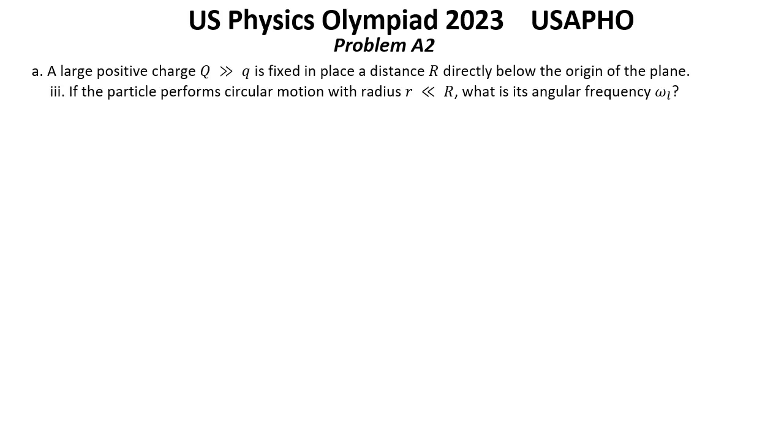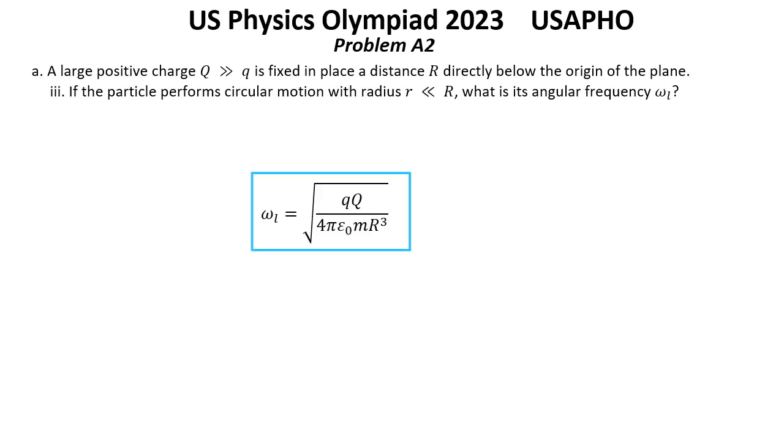For a radially symmetric parabolic potential, circular orbit can be thought of as a simultaneous harmonic oscillation in the x direction and the y direction. Both oscillations have the same angular frequency omega L as derived in part 1, so the answer is the same. That was the solution for question 3, part A.